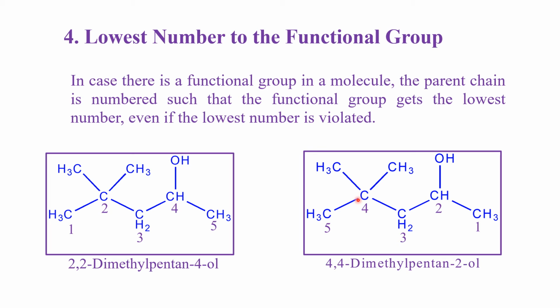As per this, the IUPAC name is going to be 4,4-dimethylpentan-2-ol. As the functional group should be given the least possible number, obviously the first workout is the wrong one and the second workout is the right one.